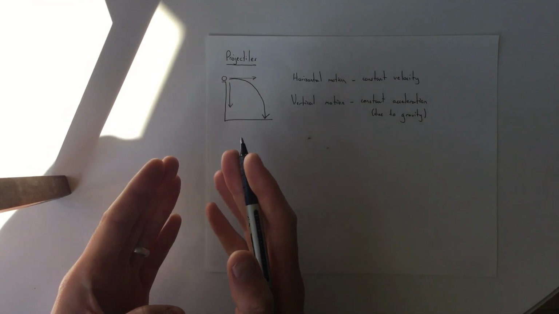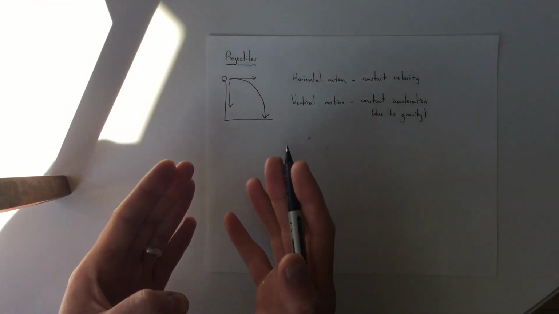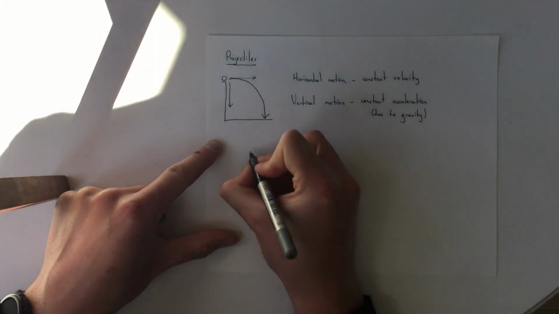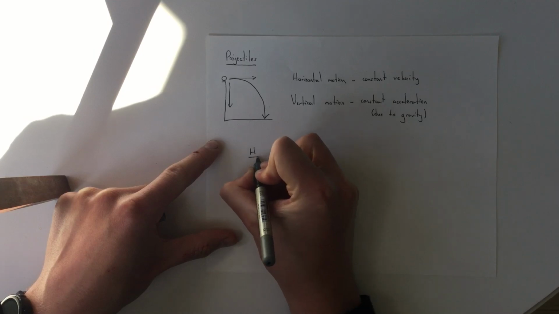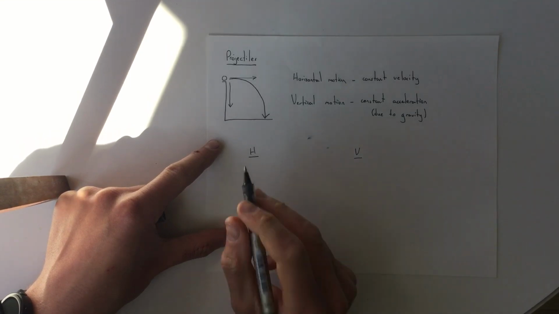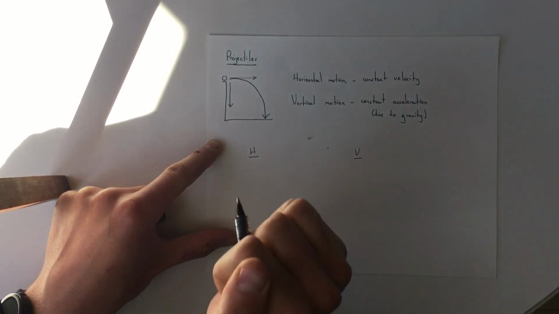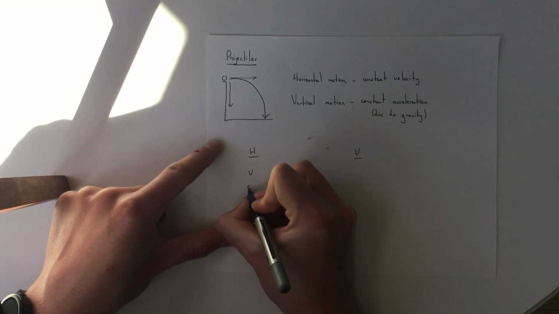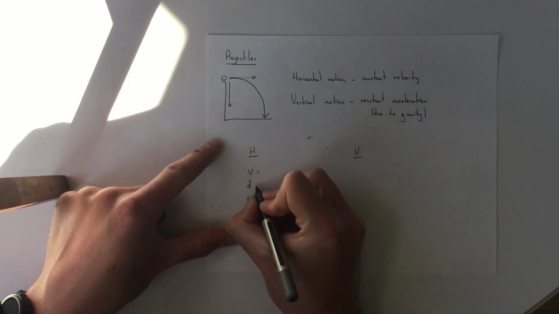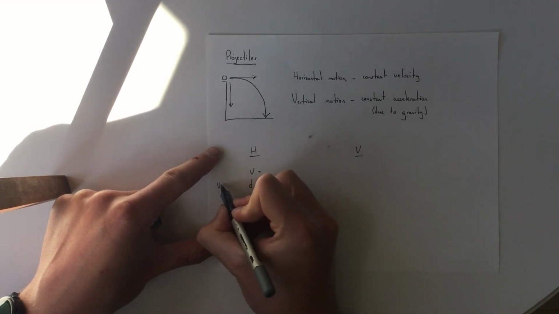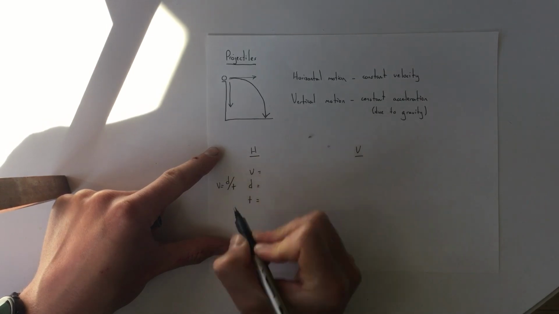How would we then begin to answer this in terms of equations? When you consider a question, you have to see whether it is asking for the horizontal or the vertical. If it's asking for the horizontal, remember the horizontal is always constant velocity, so you just use an equation from the very beginning of S3: speed equals distance divided by time.